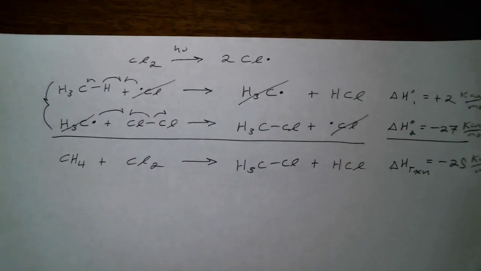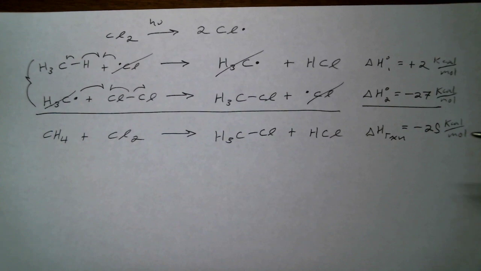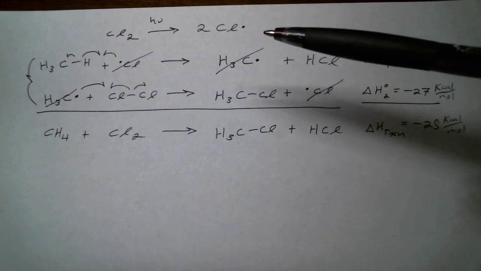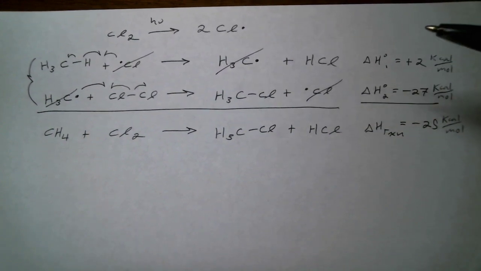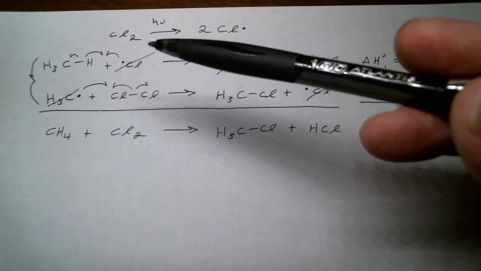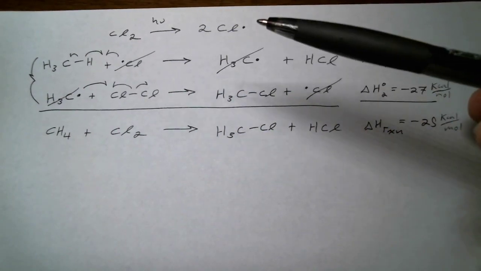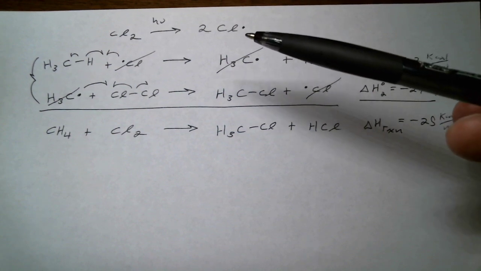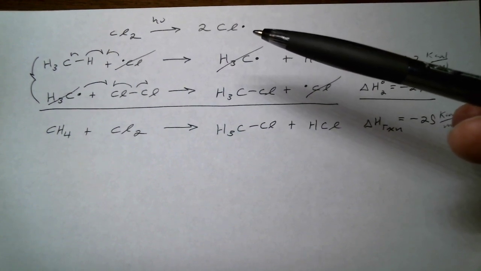Well, as I said, for that initiation step, we don't take into account the enthalpy. Why? Because we don't need to break an entire mole of diatomic chlorine to create 2 moles of chlorine radicals.